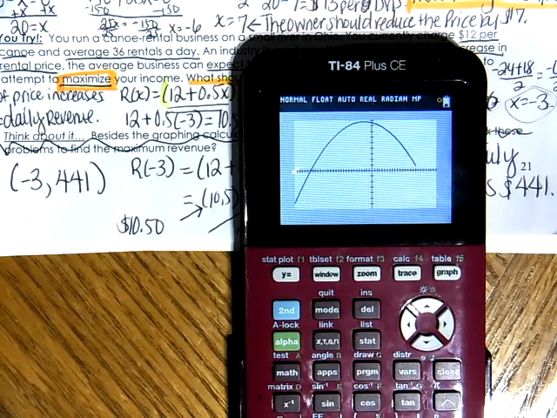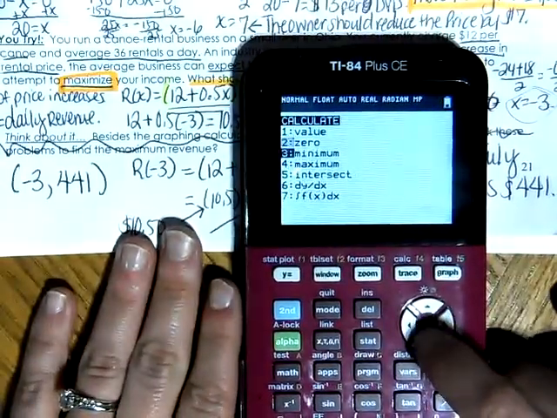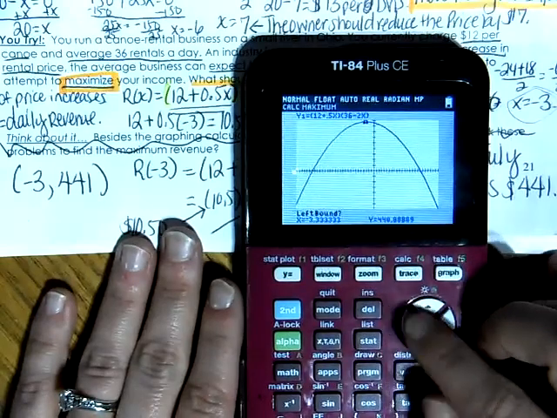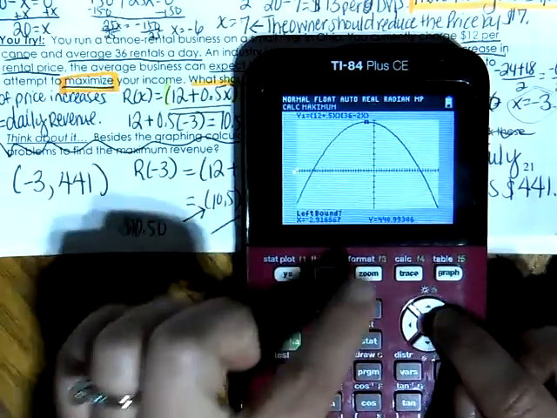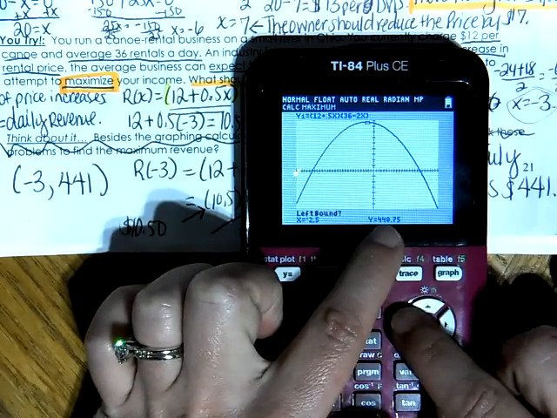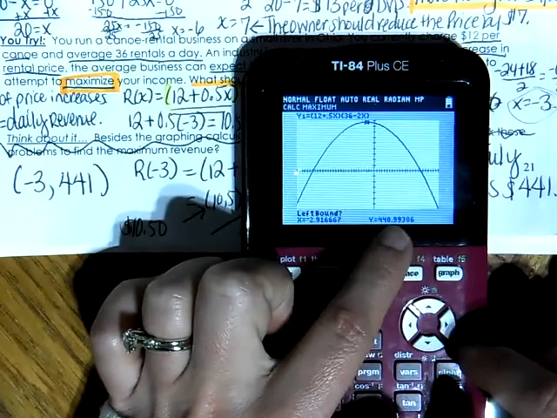So voila, there's our very lovely parabola, and I can press second trace and go down to maximum to identify what that max value is. My goal is to make this y value as big as I possibly can, and it looks like the biggest I can make it is 440.99.